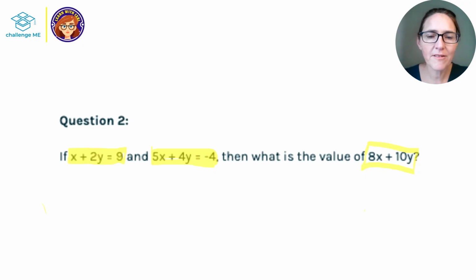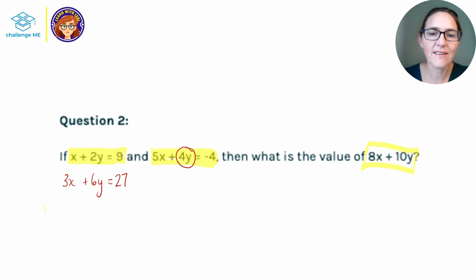If we multiply this one by 3, so we get 3x plus 6y equals 27, and add that on, we've got our 8x, and actually, that's a bit of luck. If we do 4y from here added to the 6y here, then we get 10y. So that's what we're going to do.